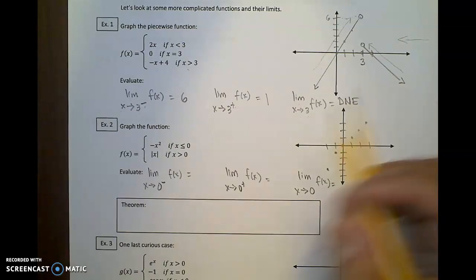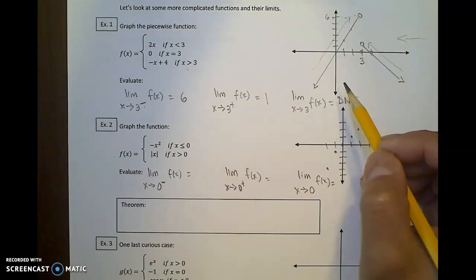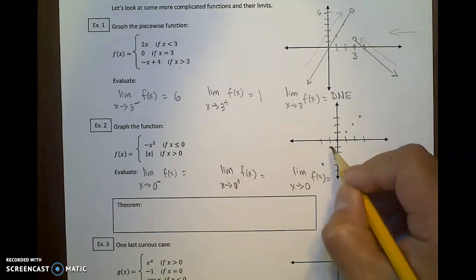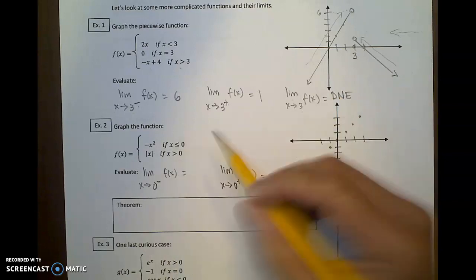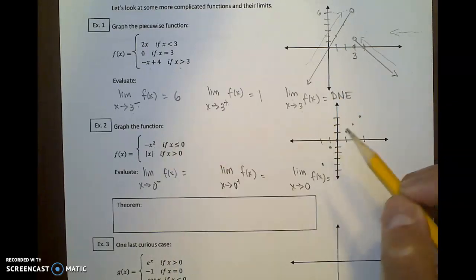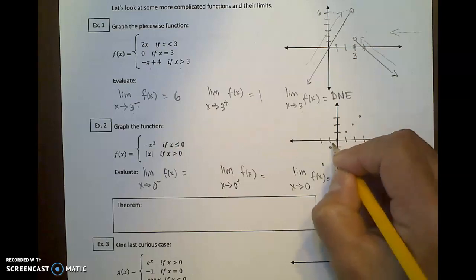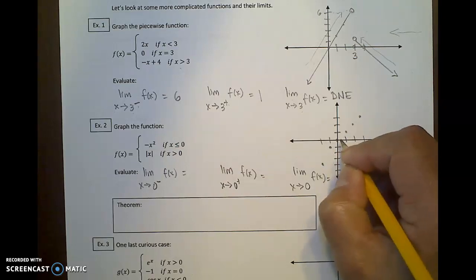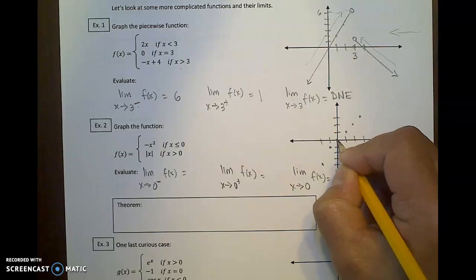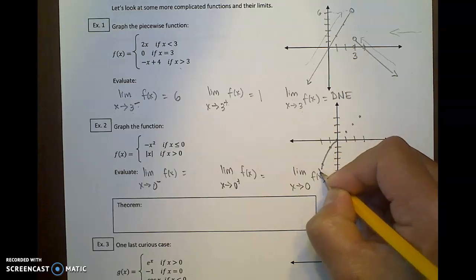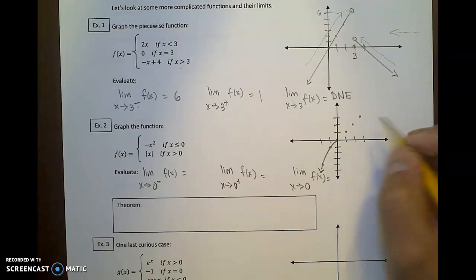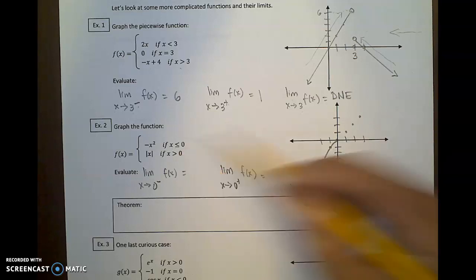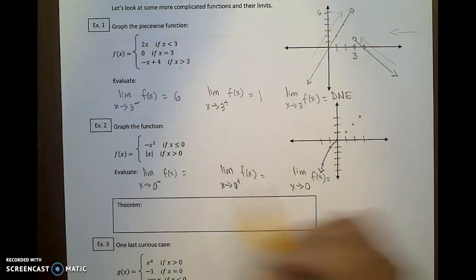Since x squared means it's a quadratic, it's going to be a parabola. I plug 0 in for x, negative 1 in for x, negative 2 in for x, and I'm going to get this part of the graph. There's my upside down parabola for all x values less than or equal to 0.